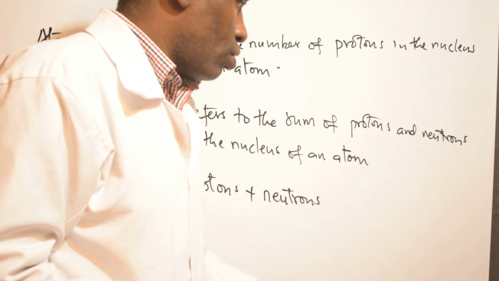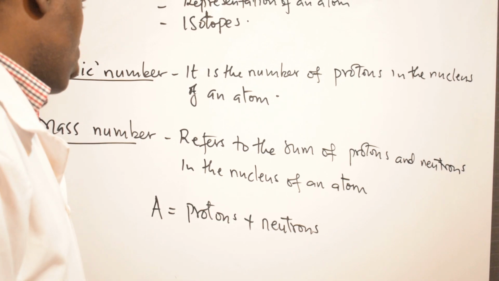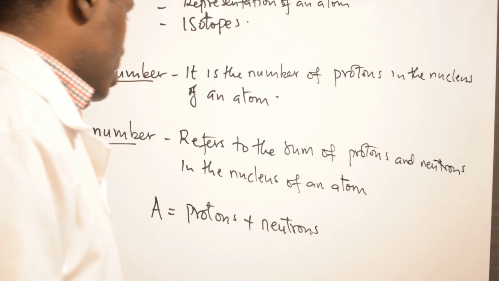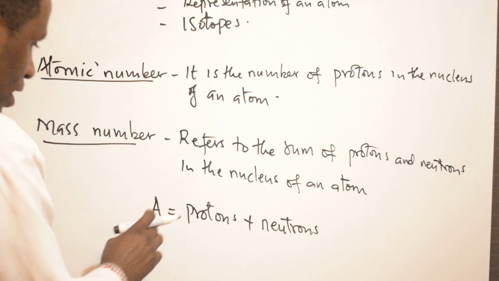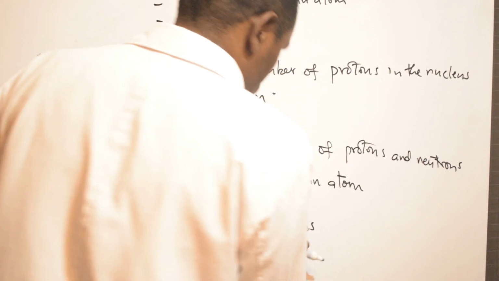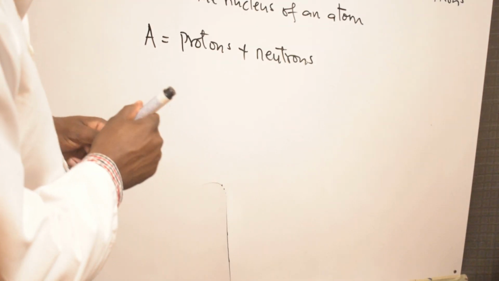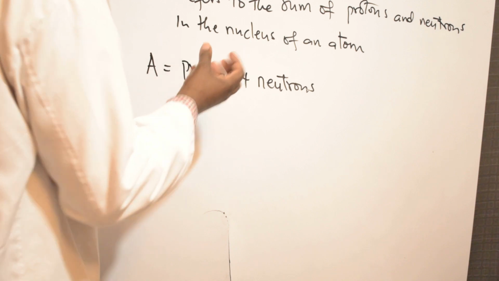Remember, we call them neutrons because these are particles that are found in the nucleus. So the mass number, abbreviated as A, will be equal to protons plus neutrons. Remember, still in chapter 1 I mentioned that the mass of an atom is concentrated in the nucleus.